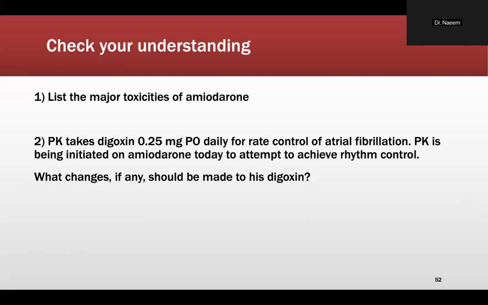So in terms of his digoxin dose, when starting amiodarone, we want to reduce this by 30 to 50%. So you would drop the dose down to 0.125, which is exactly half, or whatever the 30% value would be. But 0.125 is what is commercially available, or something that we can practically do. So that's what I would opt for.